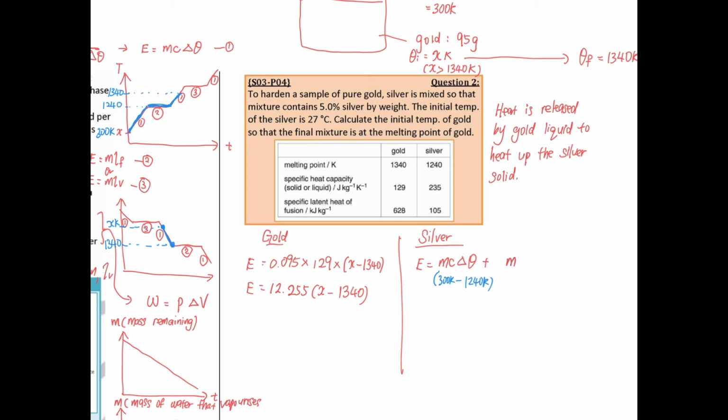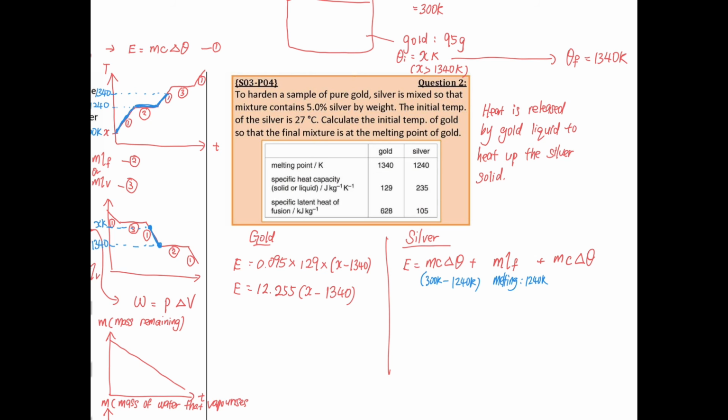So E equal to m l of fusion, and this happens during the melting at 1240 Kelvin. Then the process continues. Now we have the heating up of the silver liquid, from 1240 until 1340. So we have three different processes altogether.